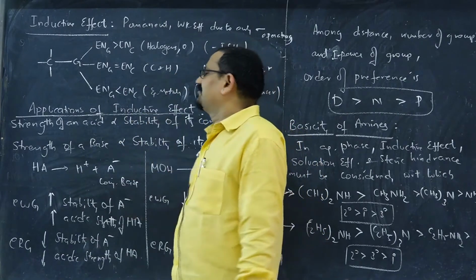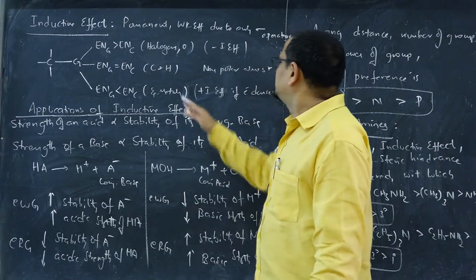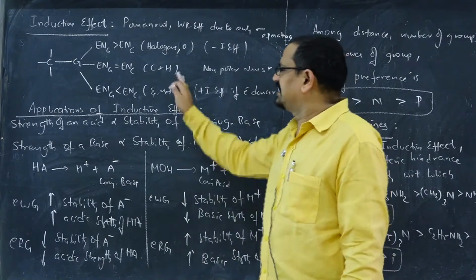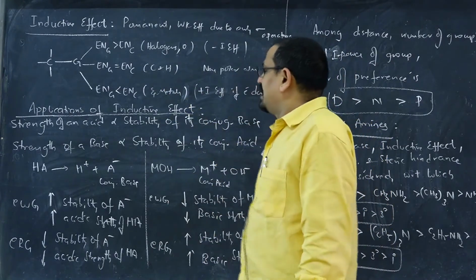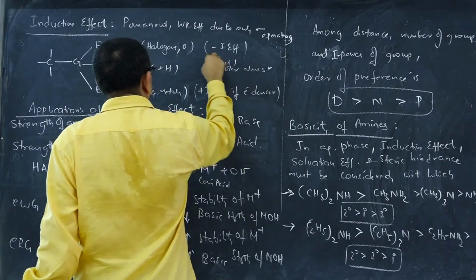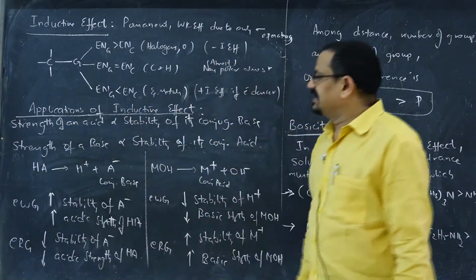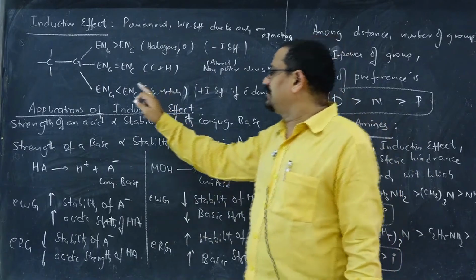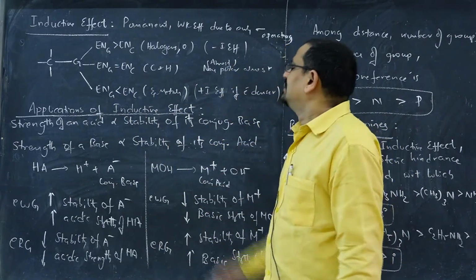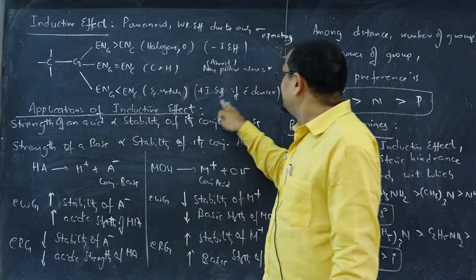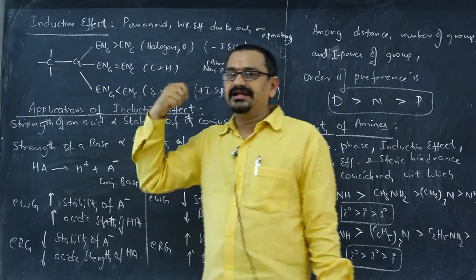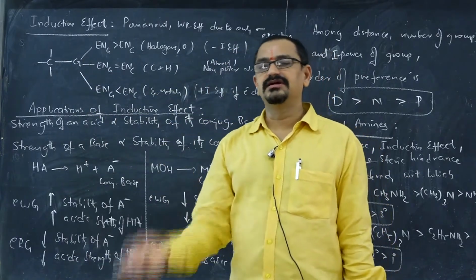Because of this very small difference, it is almost treated as a non-polar bond in our chemical reactions. It has slightly negligible polarity. And if the electronegativity of the group is less than that of carbon, for example metals, this is the third case. Other than metals, if any electron dense group is present in place of G, then it leads to the plus I effect. They are electron releasing groups.